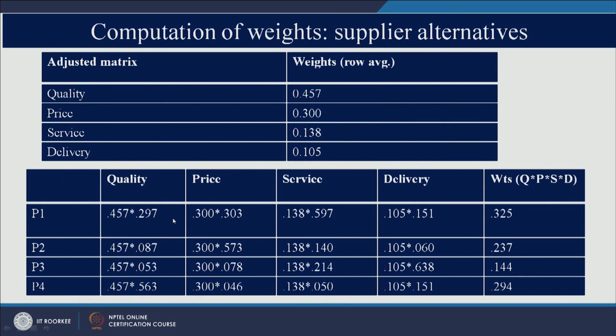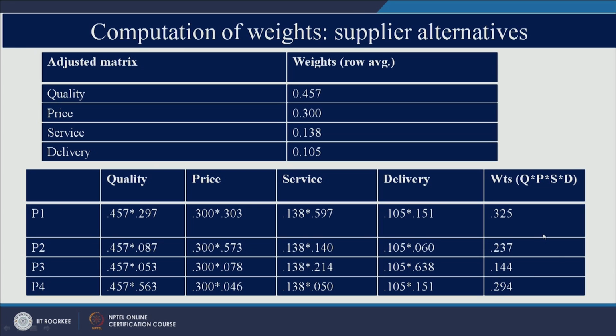So, this way you will be getting the total weight again, 0.325. So, the weight here is the multiplication of all this plus, and you can divide it by 4, right. So, it is 0.325 for first project, for fourth project 0.294.